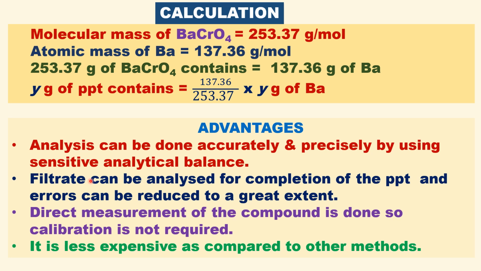How do you check that? The filtrate can be taken out, for example, half a ml, and potassium chromate added. Check whether a precipitate is formed. If a precipitate is formed, then the precipitation is not complete. So the filtrate can be analyzed for completion of precipitation, and errors can be minimized to a great extent.